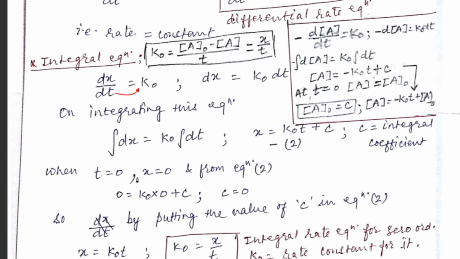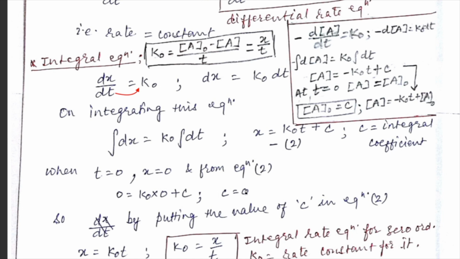So when we put these two values, that is the value of t and the value of x, in the second equation, then we come to equation 3, that is, this x is 0. So c comes out as 0.